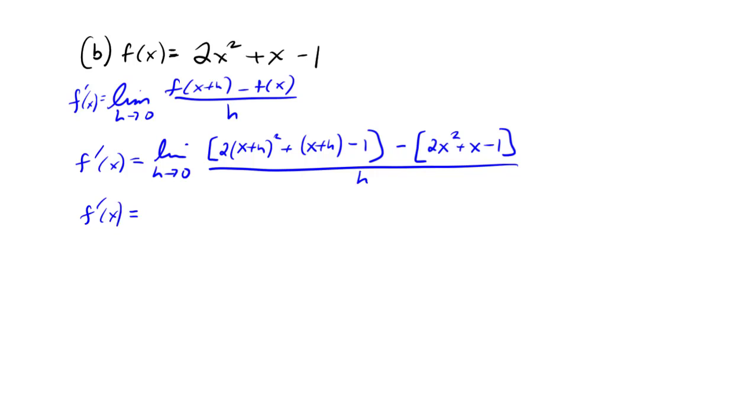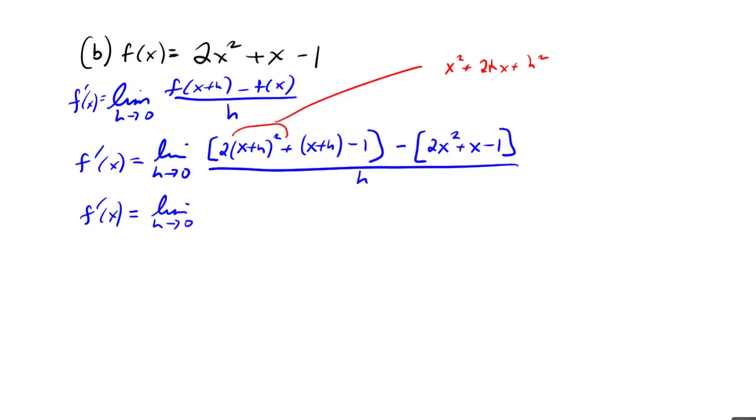And again, I just have to work this out. So x plus h squared in here would actually be x squared plus 2hx plus h squared, if you were to FOIL that out. So what I'm getting down here is 2 times that. Oops, I forgot the limit. Don't forget the limit, h approaches 0.